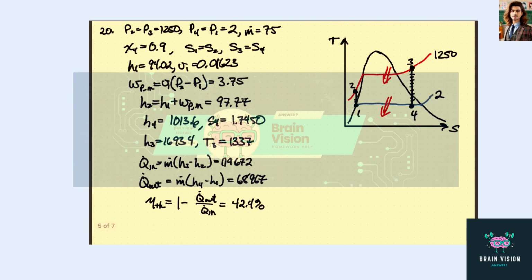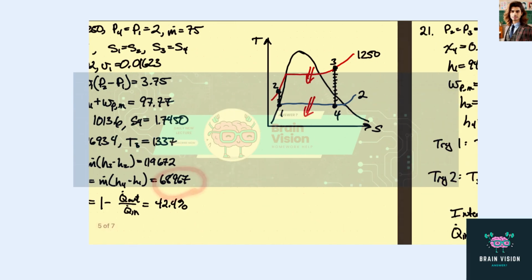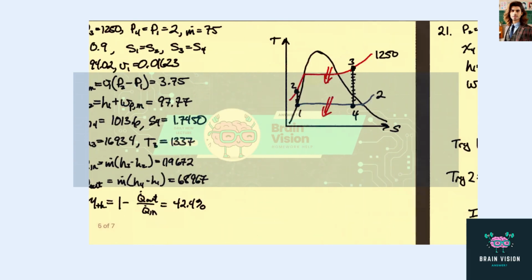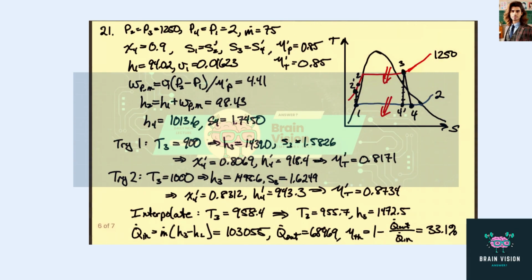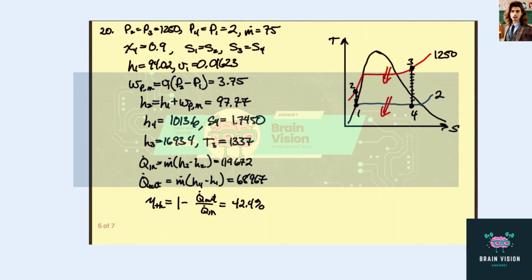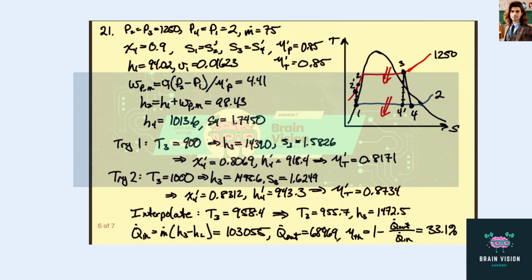If we compare that to previously, we get a lower efficiency, as we'd expect, because we now don't have ideal pump and ideal turbine behavior. You can see this number is the same, actually. Well, no, it isn't the same. Maybe I copied it down wrong. It's very close to being the same. Should it be the same?